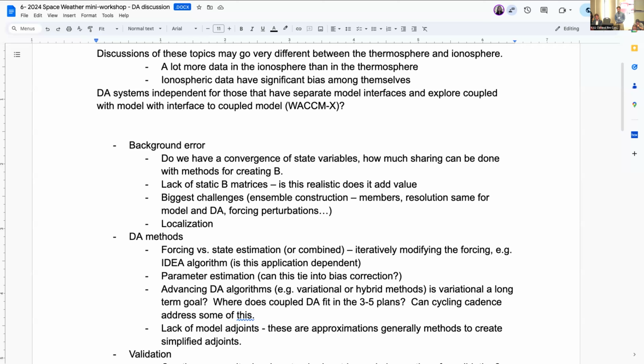Oh, I agree. Maybe I'm wrong, but I think for ionosphere-only models, they should have the same state variable, which is electron density, because that's it. For coupled models, I think they would have the same primary state variables, which would be neutral composition, temperature, and neutral wind, and an ionosphere.